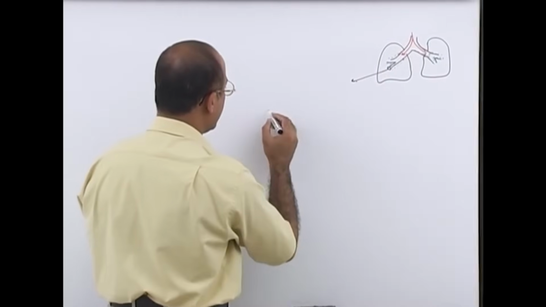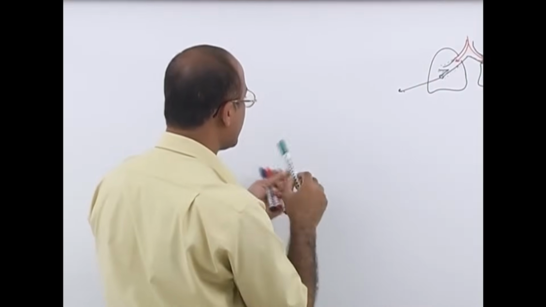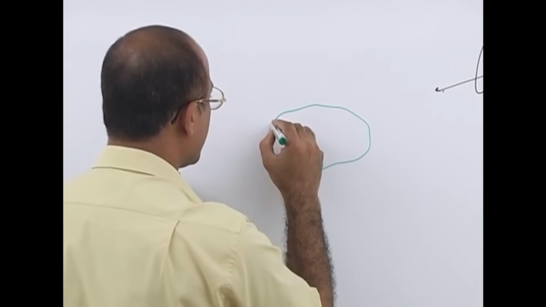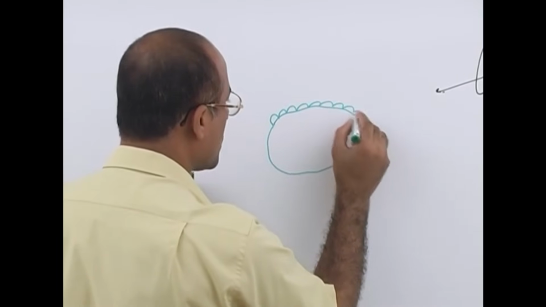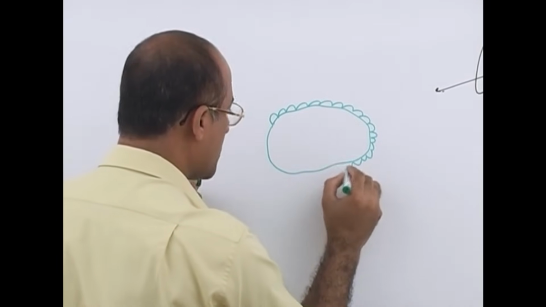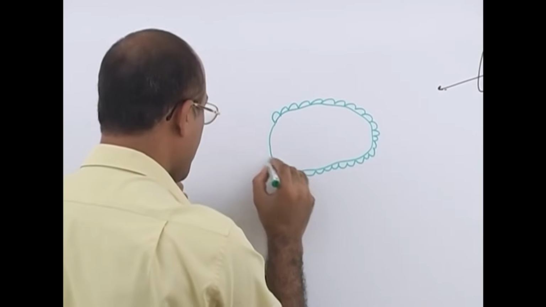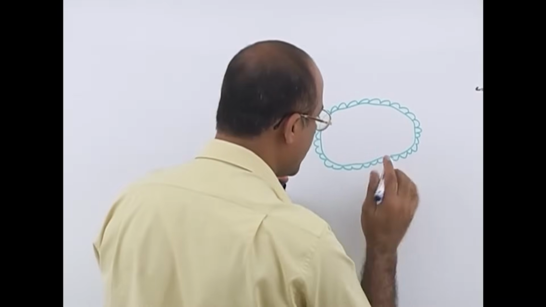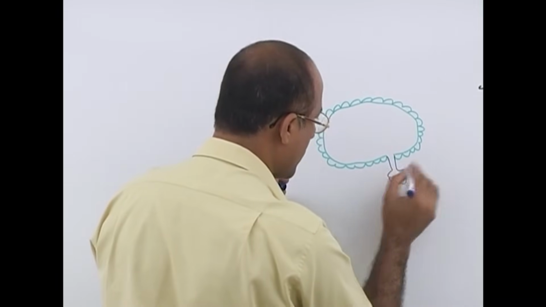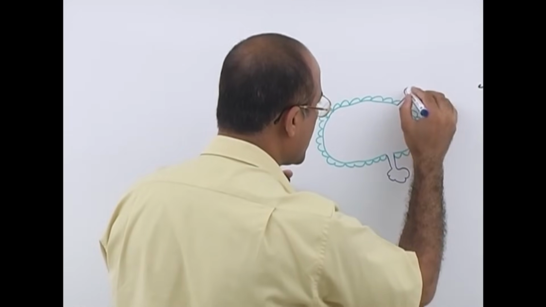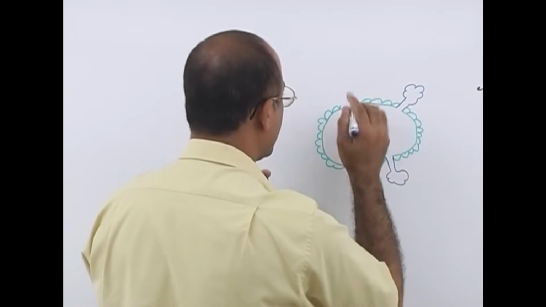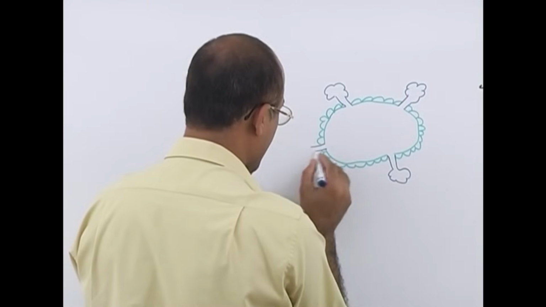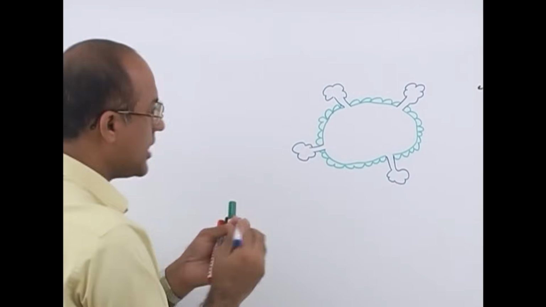I will draw here. These are the epithelial cells in the bronchial mucosa, the mucosal lining, right? And here are some glands. Which gland? Secretory glands, right?